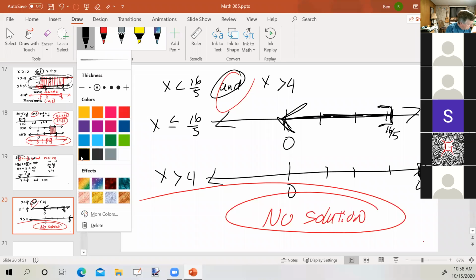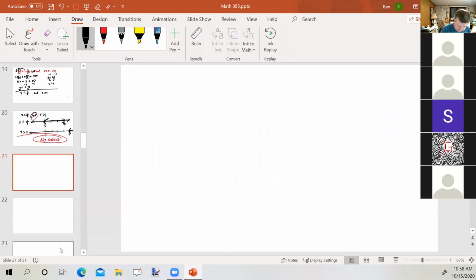Now we're going to look at what is known as a double inequality. It says 4 less than or equal to x plus 3 less than or equal to 7. Basically, this is kind of an intersection that's already happened. But what we need to do is solve this for x in the middle.